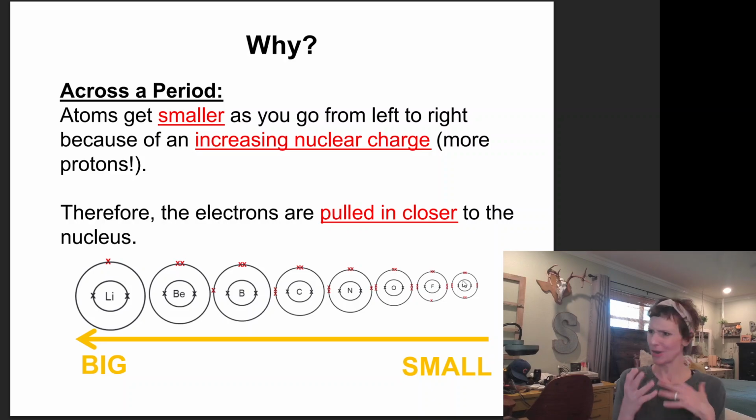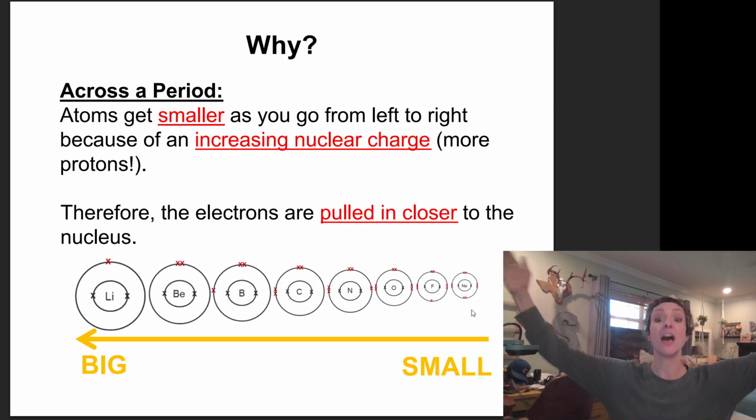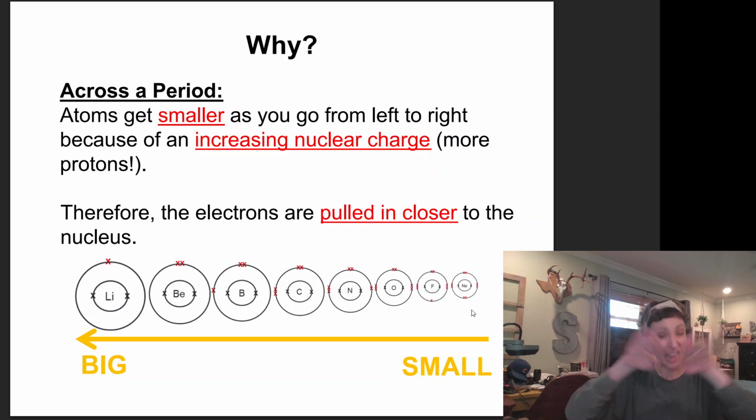You're like, but we're also adding electrons when we move across a period. Yes, but we are not adding electrons in other further away energy levels. We're adding electrons still within that same energy level across the period, so that nuclear charge is just showing its effect on the same energy level.